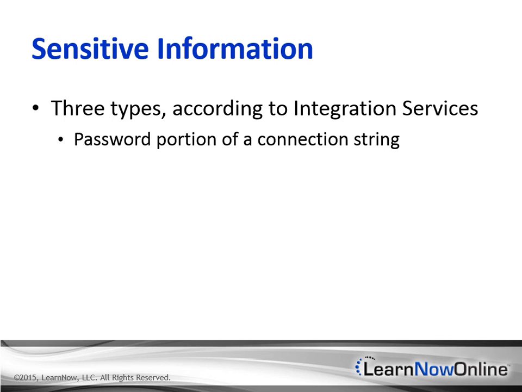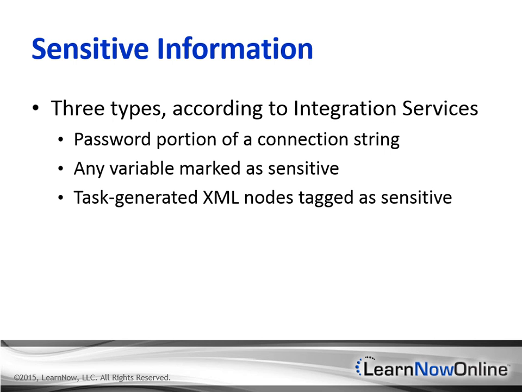But if you choose a protection level that encrypts everything, the whole connection string is considered sensitive. And then there are any variables marked as sensitive. So you can configure variables as sensitive. And this applies only to system variables that could or are likely to contain sensitive information. And then task-generated XML nodes that are tagged as sensitive.